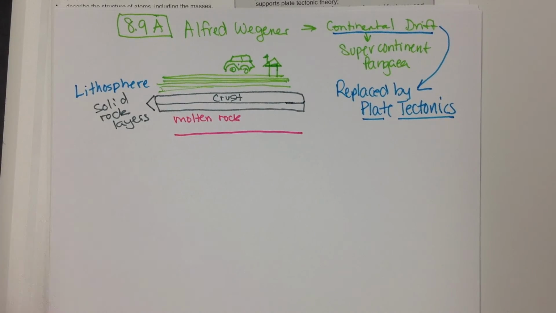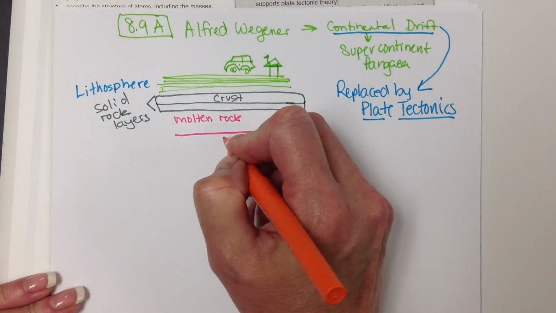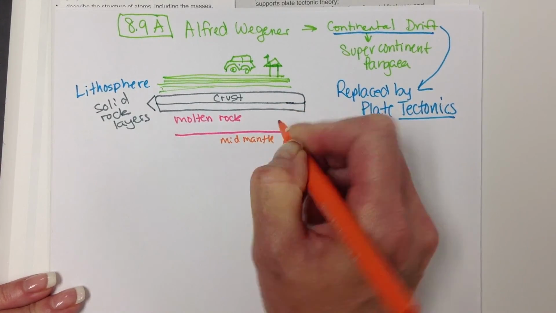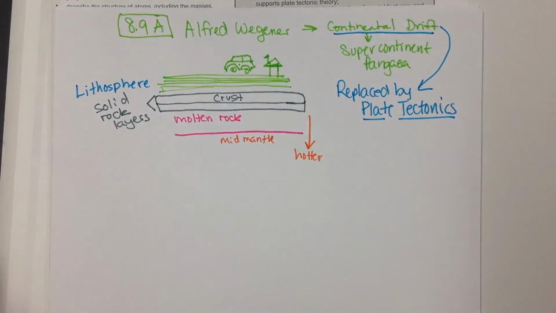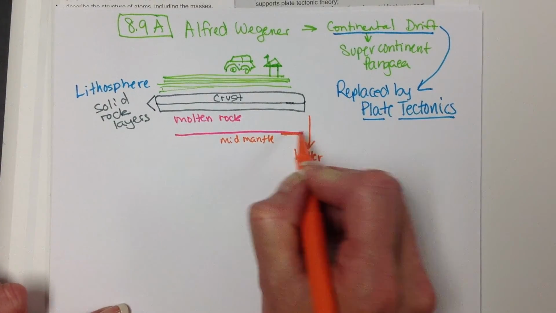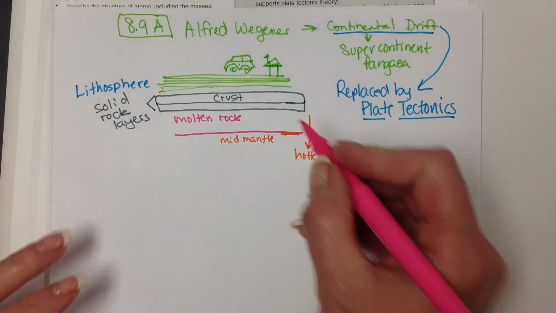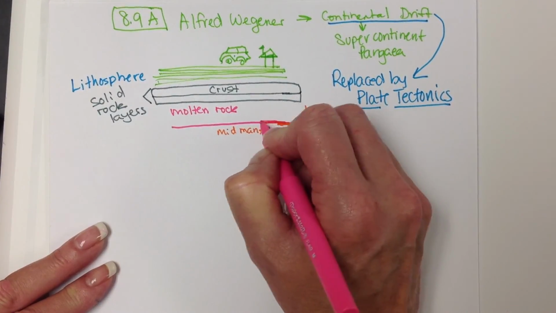Well, that's exactly what we have going on here. The deeper you go, the hotter it gets, okay? So even though this is upper mantle, this is mid mantle, and so on, the deeper down you get, the hotter it gets, going towards the core, right? So we know this area is hotter than the area above, closer to Earth's surface. So this hot area here is less dense, right, because it's hotter.